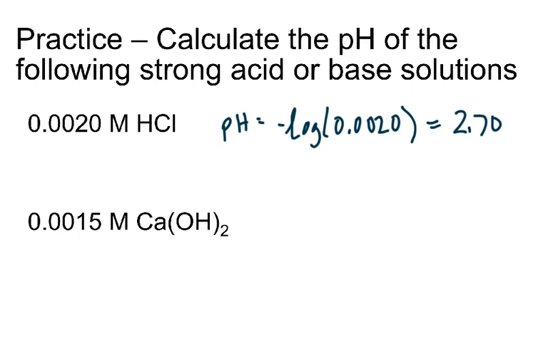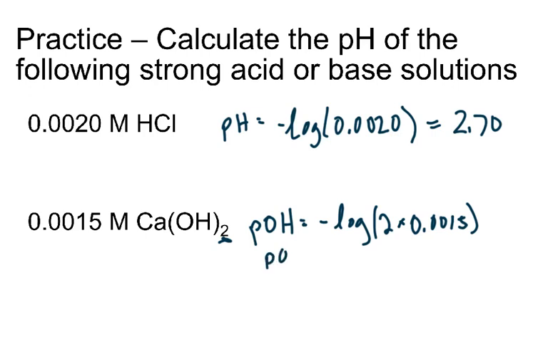For our calcium hydroxide, our pOH is going to be the negative log. There are 2 hydroxides for every unit. So we're going to have 2 times our 0.0015.